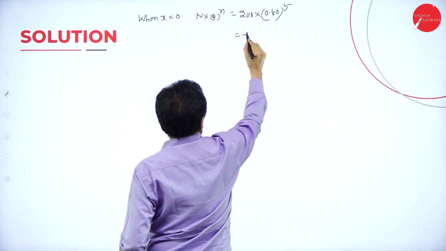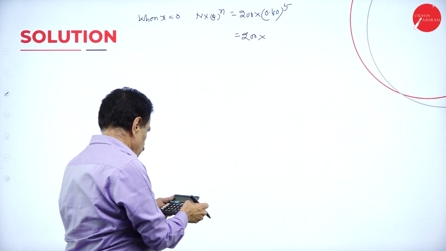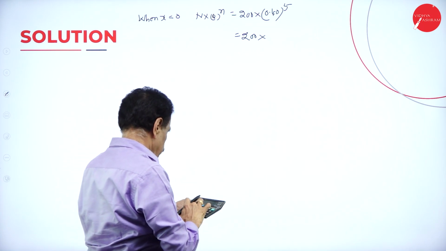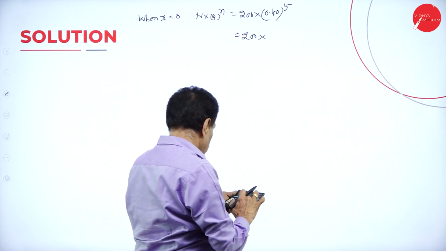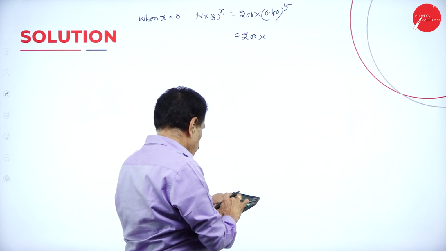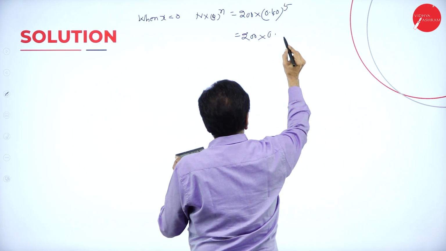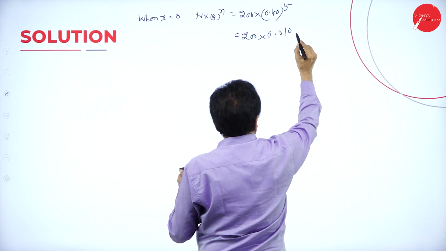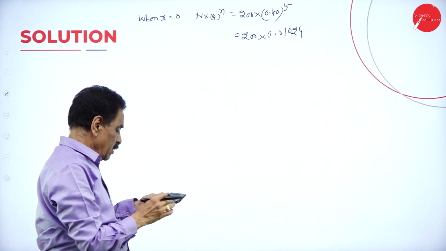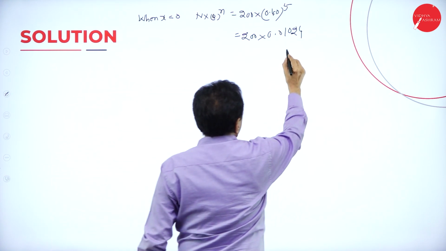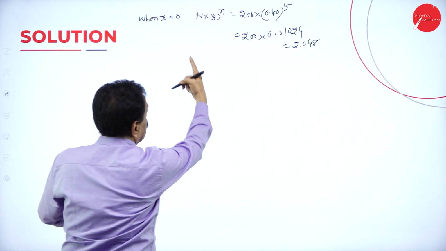Here, right, 200 into 0.40 into 0.40 into 0.40 into 0.40 into 0.40. This is 0.01024, so 2.048. Say 2. This is when x is equal to 0.